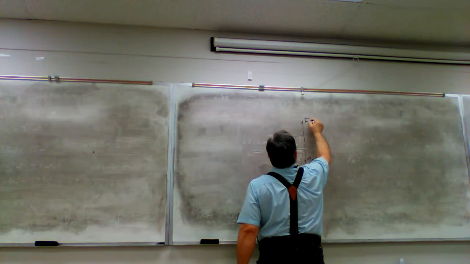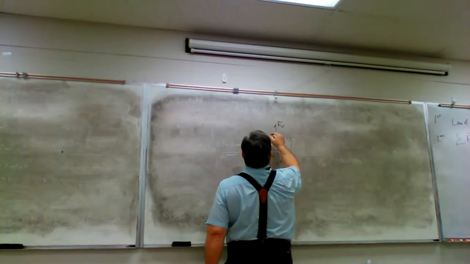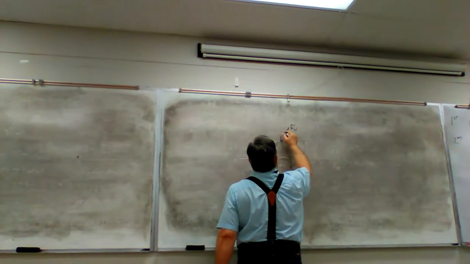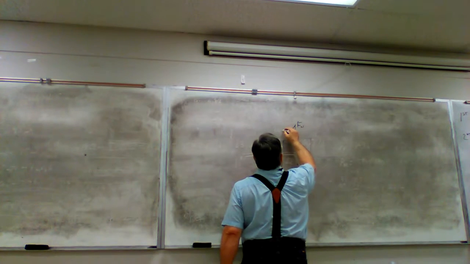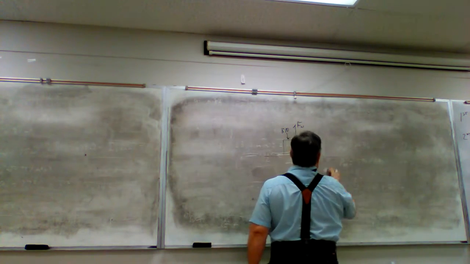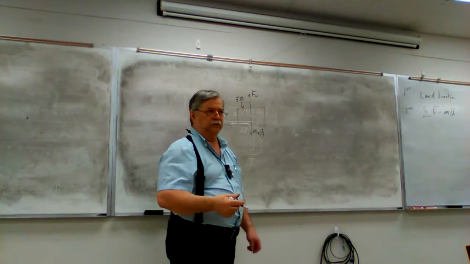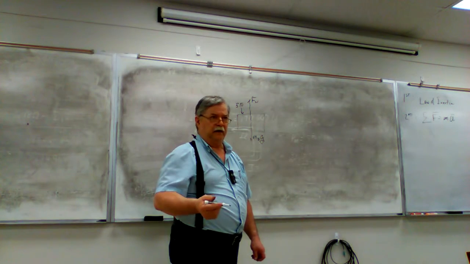This is the normal force that the table is applying to the box. I come and I apply an additional force of 5 newtons. Let's say the mass of the box is 10 kilograms, so that would be 98 newtons.